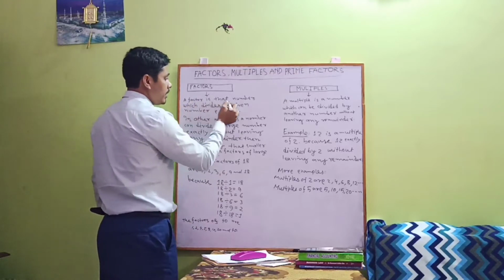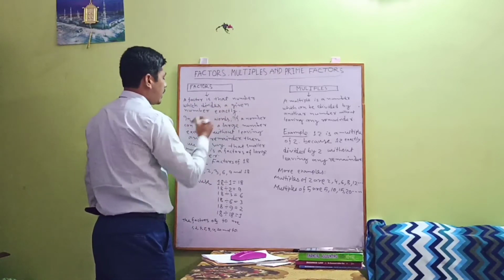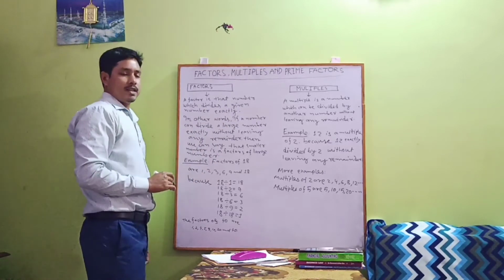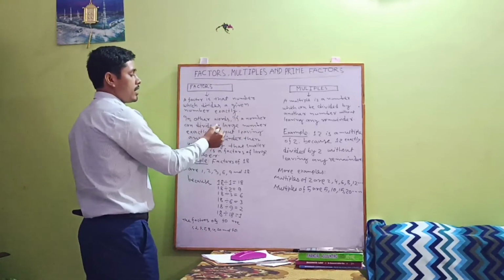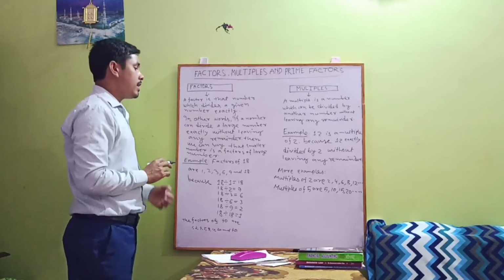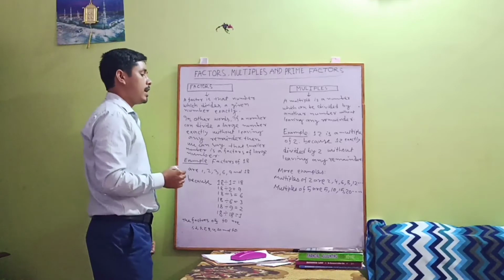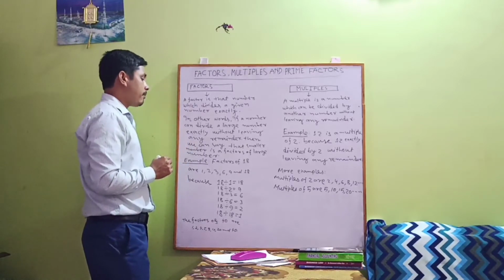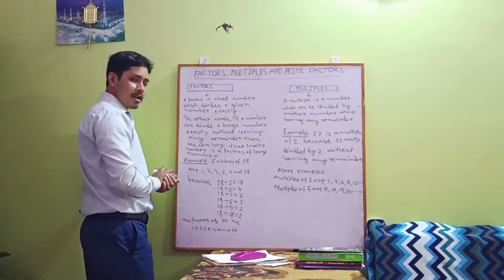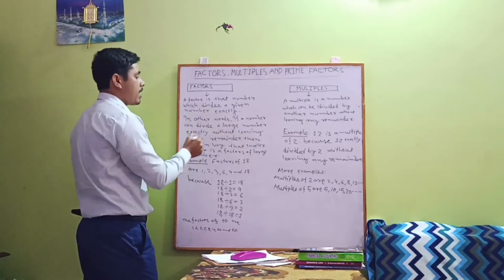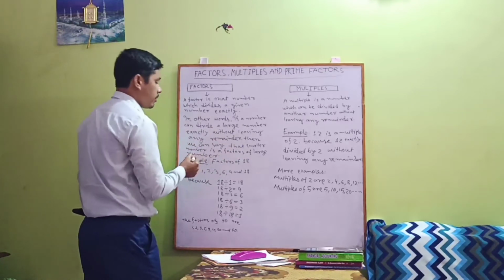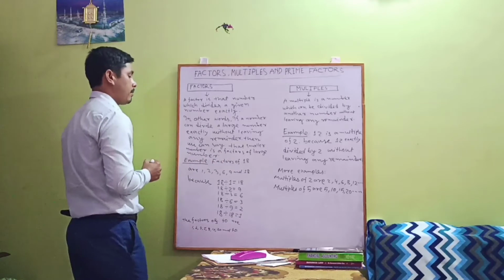In other words, for clear understanding, if a number can divide a large number exactly without leaving any remainder, then we can say that the smaller number is a factor of the large number.